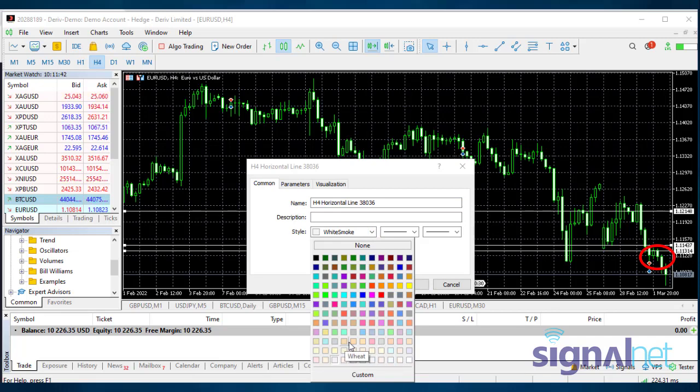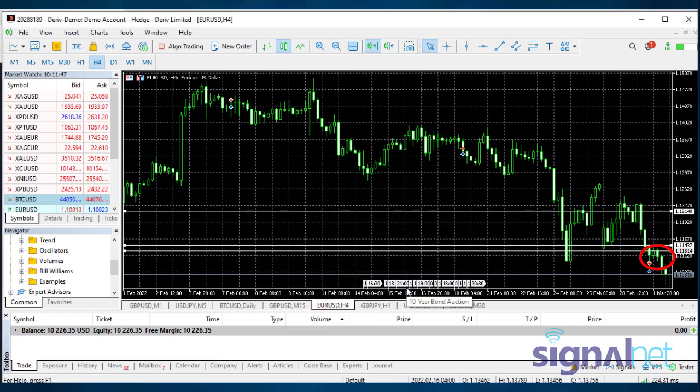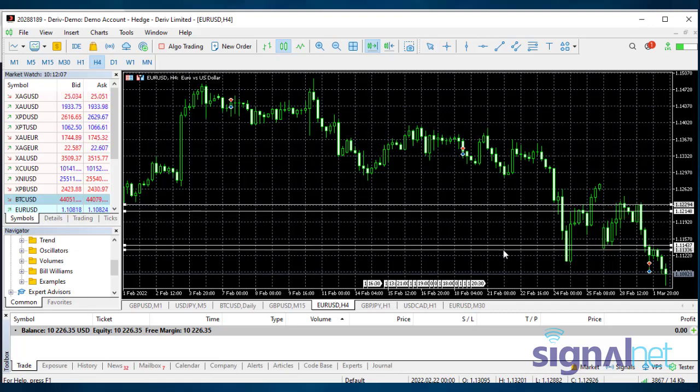I can tell that it's not exactly white. Let me try this and see. Okay, that can suffice. Okay, so I put one there, then I put probably another here. It's just close to white, but it's not exactly white.